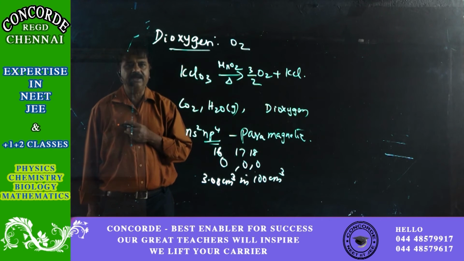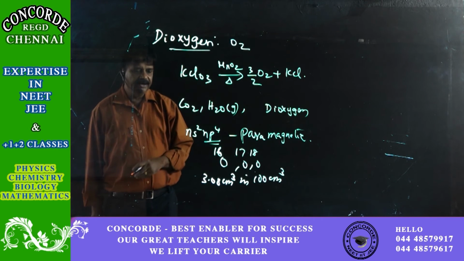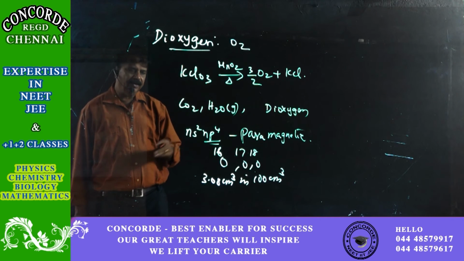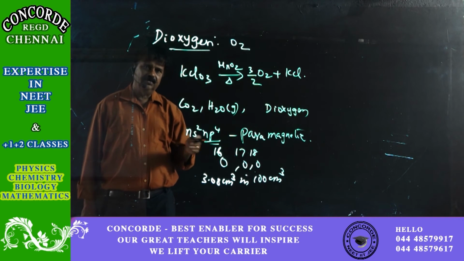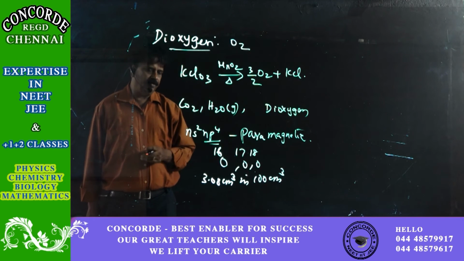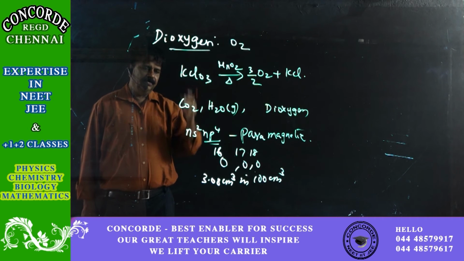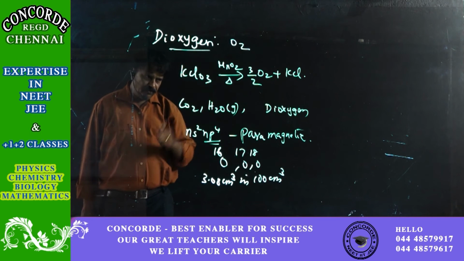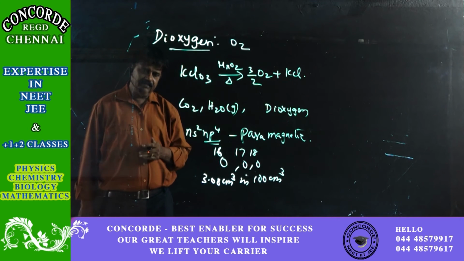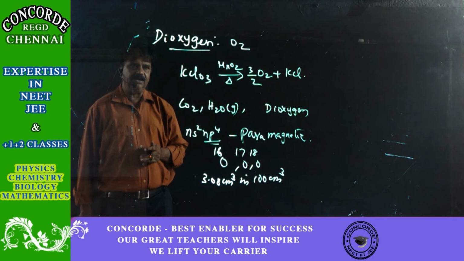This is possible by atmospheric air dissolving in sea water or any water surface. So I have told you that it is paramagnetic and has isotopes 16, 17 and 18.